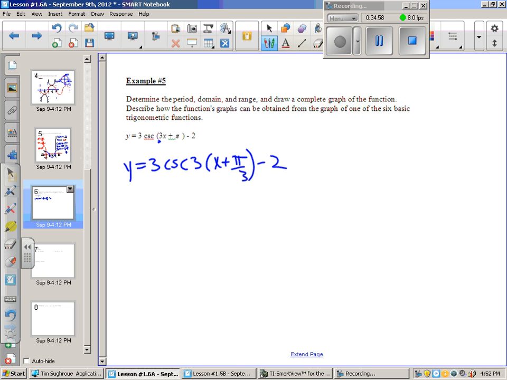Then I'm going to identify the amplitude. However, I think it's important to know there really isn't an amplitude for cosecant and secant functions. But I'm going to write it down so that you know it does come into play when we graph this. It's 3, but I'm going to circle it. It's really not the amplitude. I won't even ask for it on a test because I don't want to mess you up.